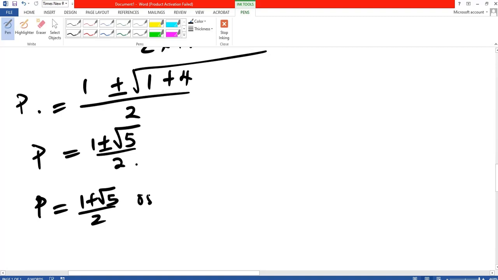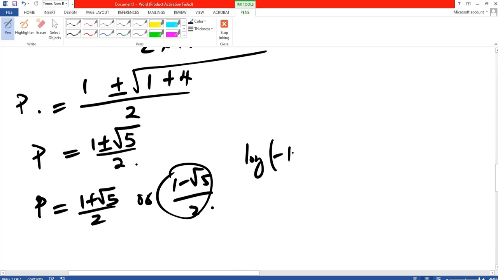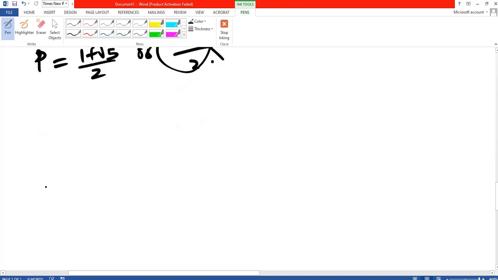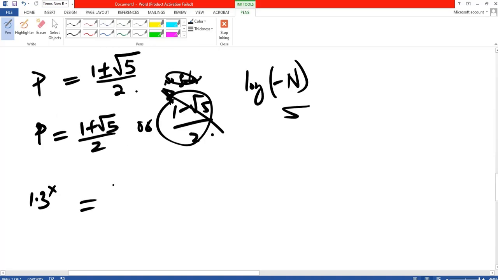The negative one is not a real value because we don't have a log of a negative value; it doesn't exist, so this is not a solution, not a real root. And you know p is equal to 1.3 raised to power x, so that means this is equal to 1 plus square root of 5 all over 2.